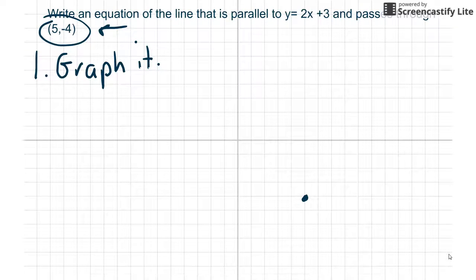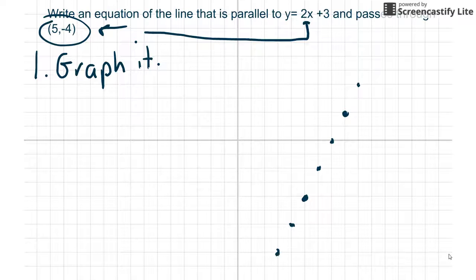And then you would just have to use the slope given. So the slope has to be parallel to this one. It's got to be a 2. So we would just continue to go up 2 over 1, up 2 over 1, up 2 over 1 until we got our line.